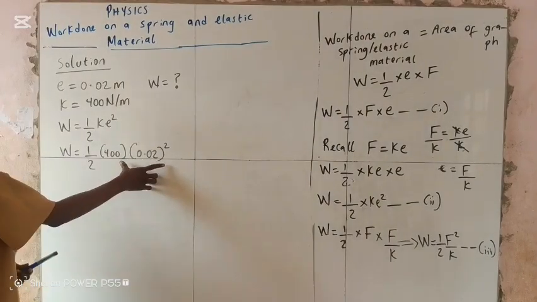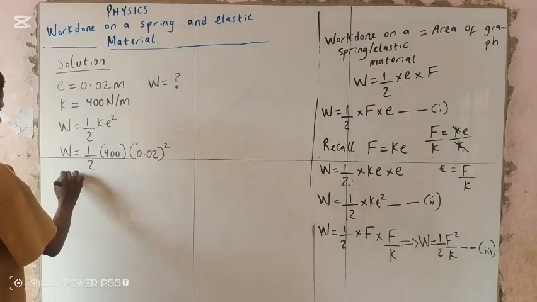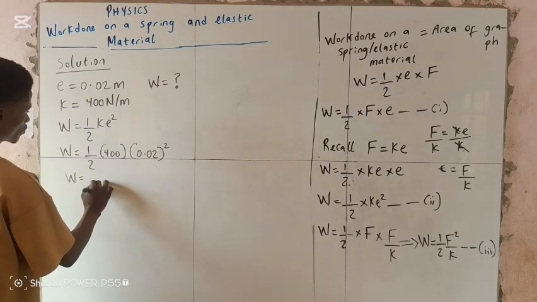Okay, let's multiply it. What do we have? Work done equals everything over 2.